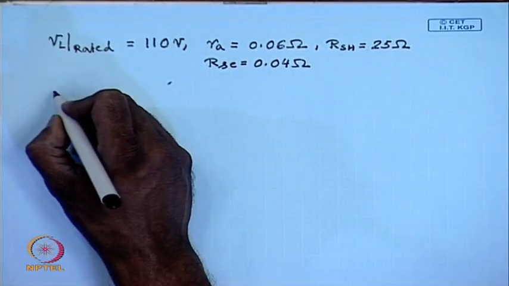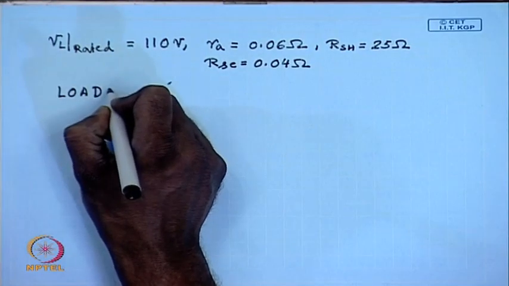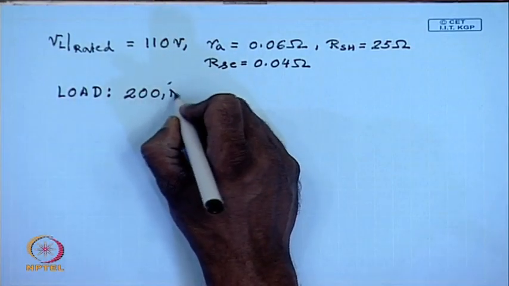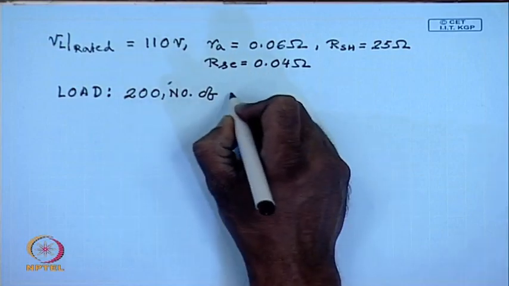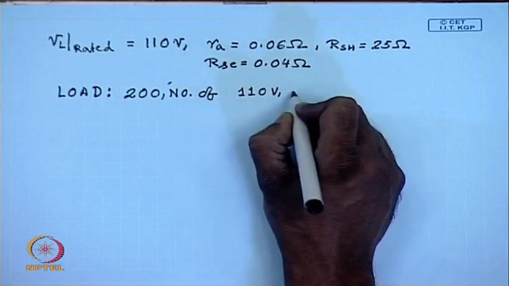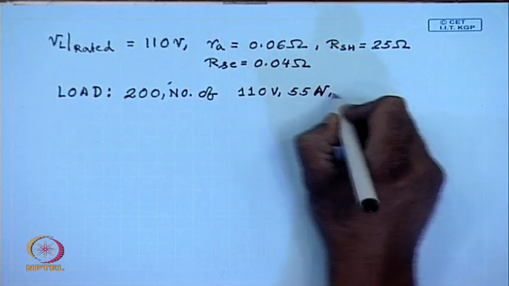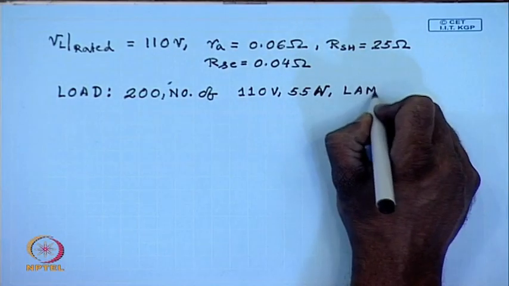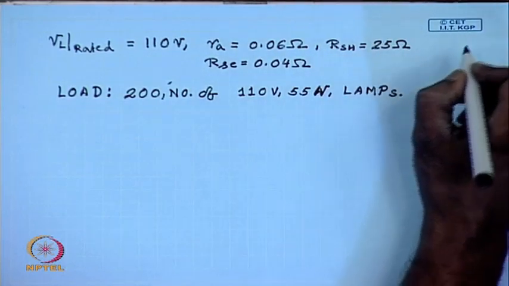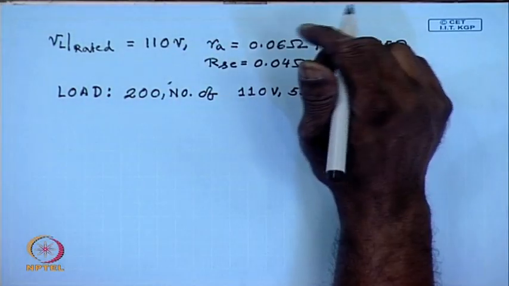The load consists of 200 numbers of 110 volt, 55 watt lamps. The field excitation is adjusted to give a rated terminal voltage of 110 volt.